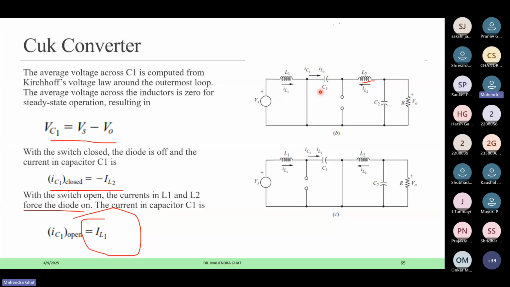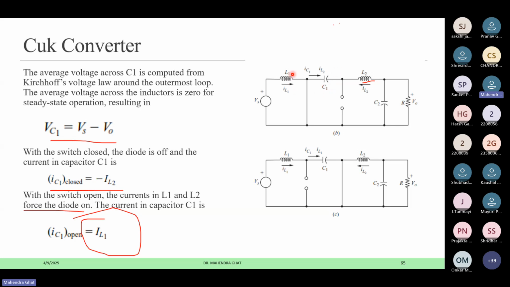See, C1, C2, L2, L1 are the storage elements. But you are not taking any power from them in this operation. Whatever charging is there, that much discharging happens.